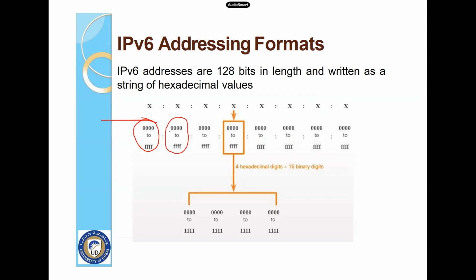Basically 2 bytes, 16 bits together, form the hexadecimal number. If you remember, hexadecimal digits range from 0 to 15, or 0000 to 1111. So yes, 16 binary digits, or 2 bytes, or 4 hexadecimal digits.